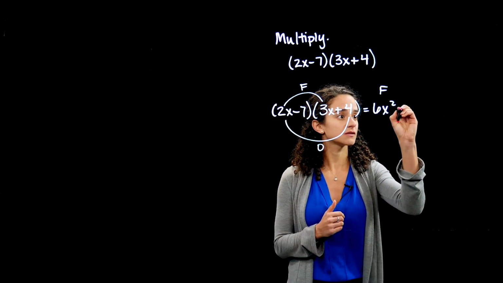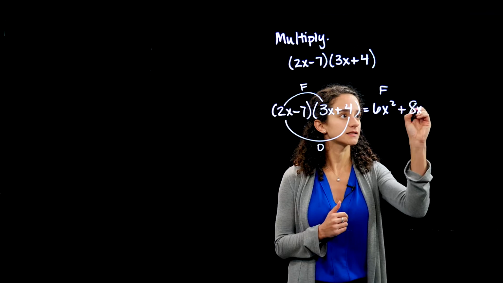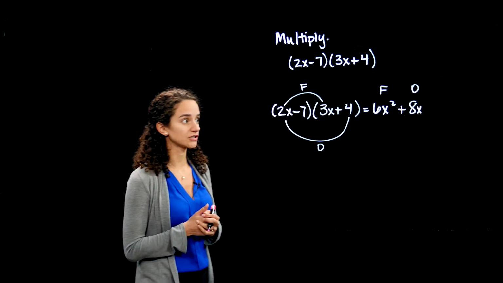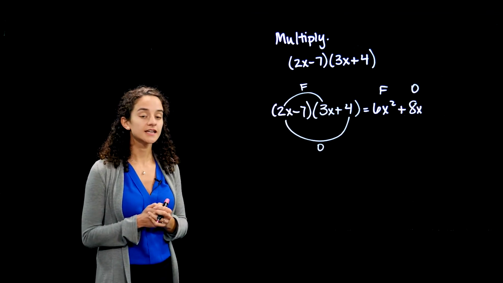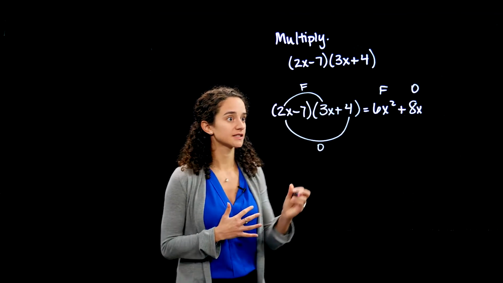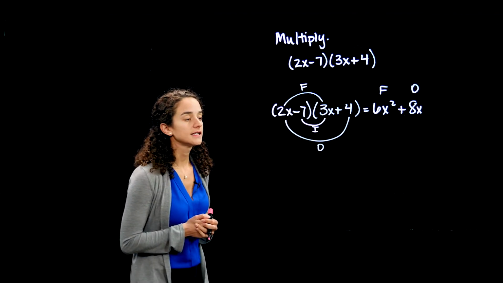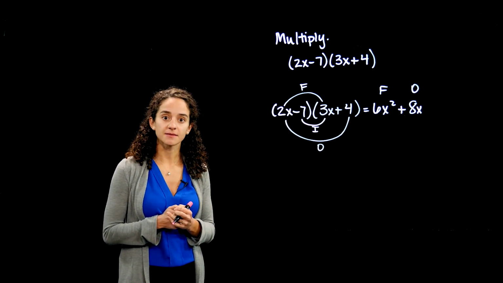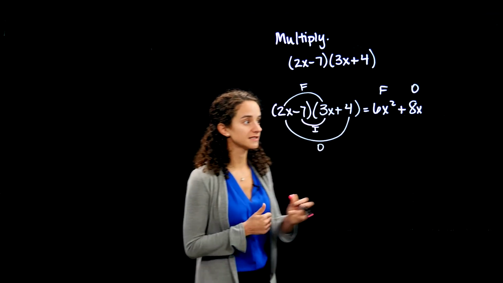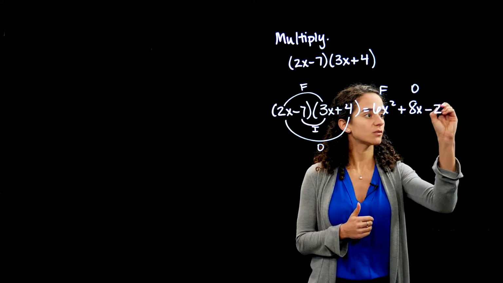So this becomes plus 8x for our outer terms. Next, we multiply the inner terms. -7 times 3x is -21 times x. And so we write minus 21x.